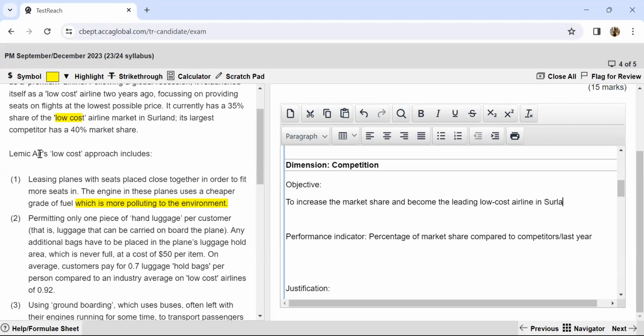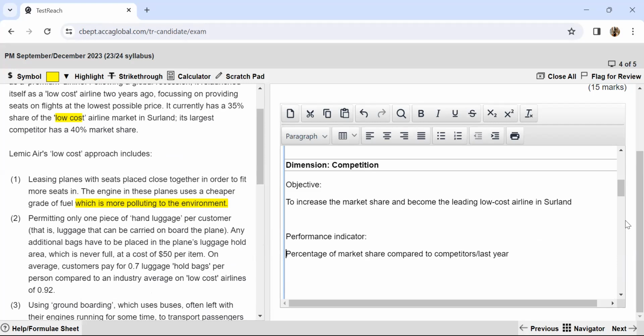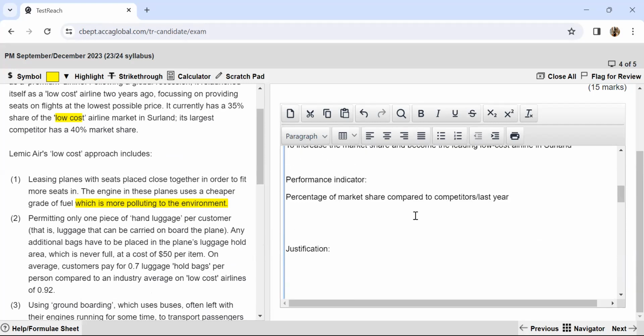So this can be their objective, and how they can measure whether they have been able to achieve this is to check the percentage of market share compared to their competitors or compared to their own share the previous year.